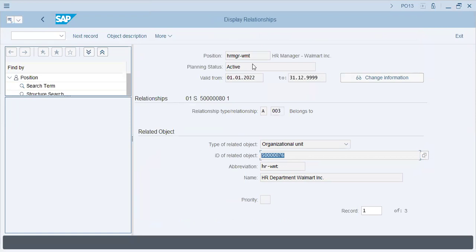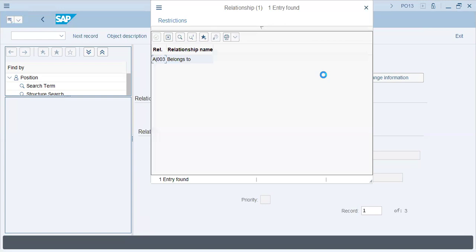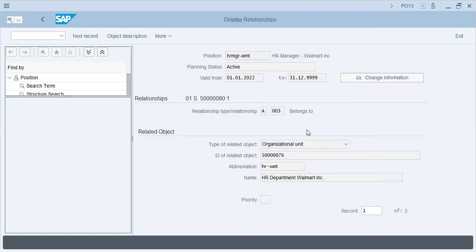Okay. Now, HR manager belongs to the HR department, A03. Okay. What is 03? Now, these are relationship types. It belongs to which department? This department. What is 03?